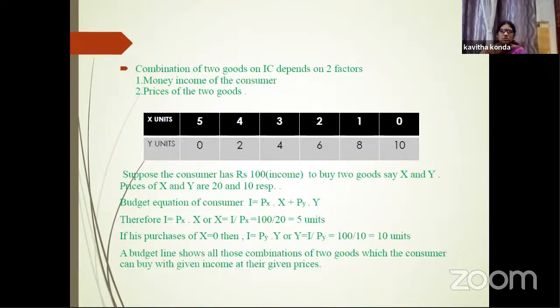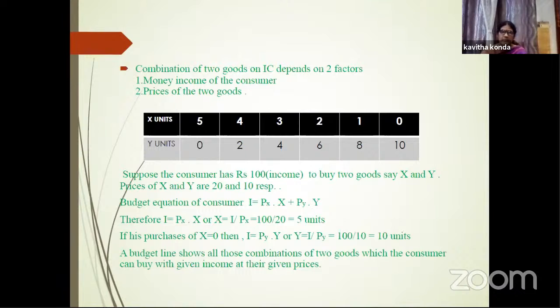For X, this equals PX into X, or X equals I by PX, where income is 100, divided by the price of 20. Then we get 5 units with our income. He can buy a total of 5 X units with the total 100 rupees.